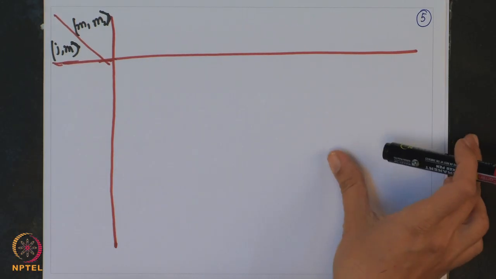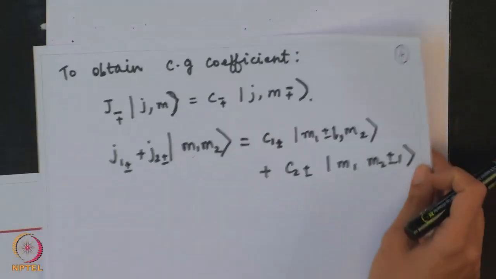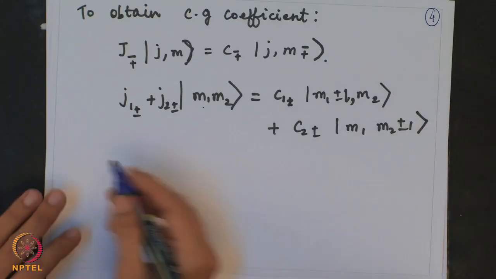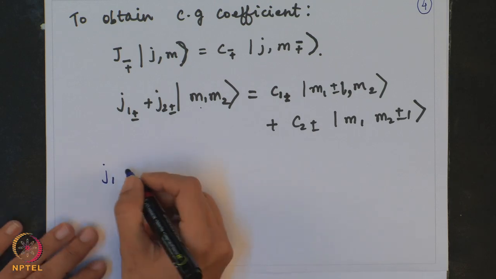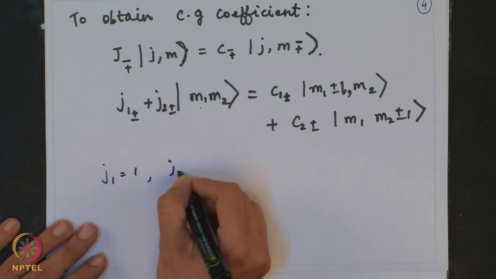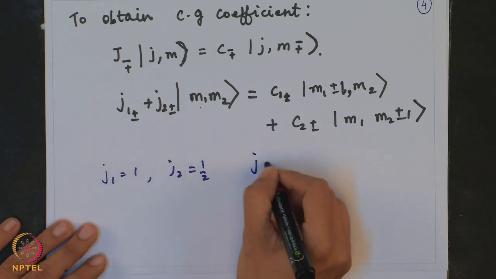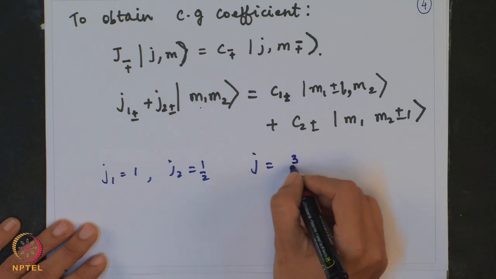As we have seen previously, J1 is 1 and J2 is half. So, J can take values half and 3 by 2.